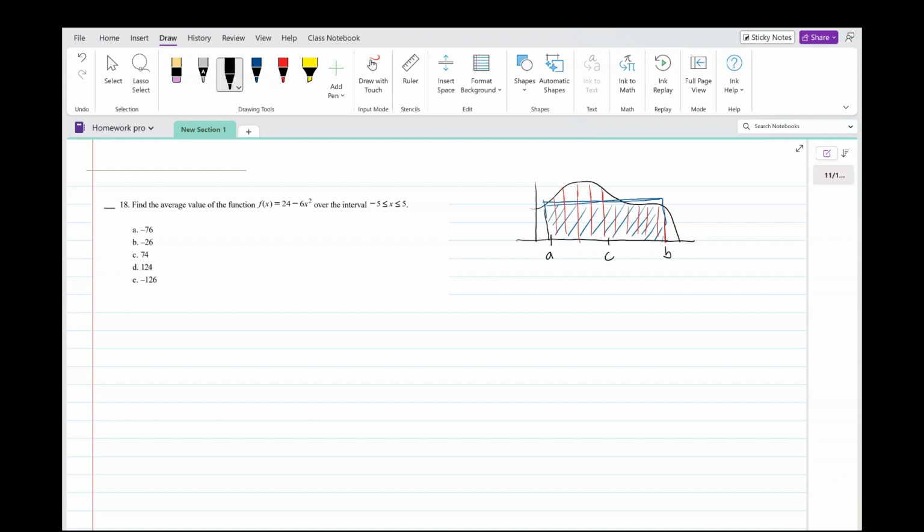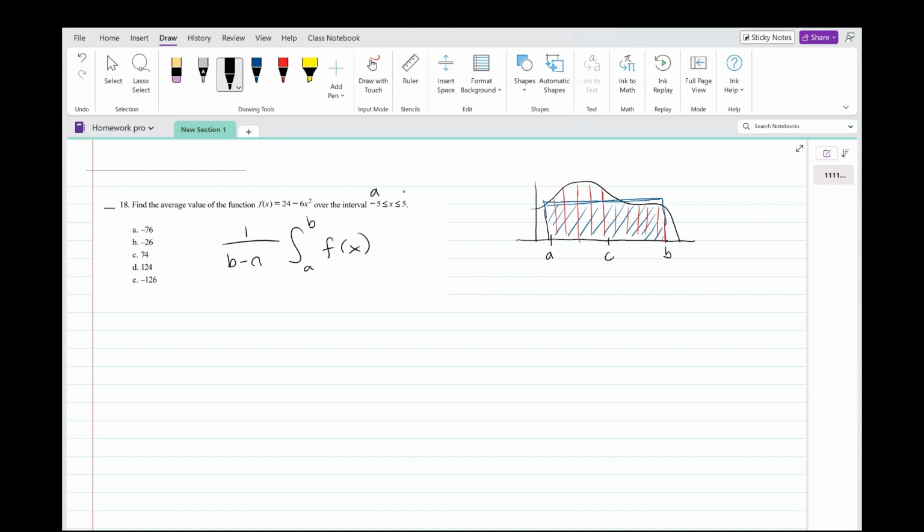So to find the average value of the function, we need to use our formula, which is given by 1 over b minus a times the integral over the interval AB of f of x. AB is going to be your interval.